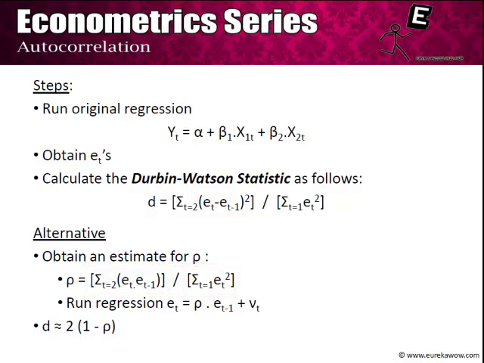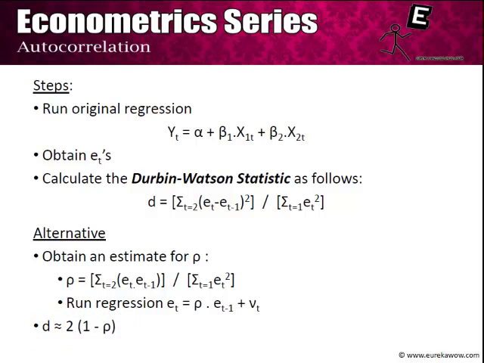Another way of obtaining rho is to run the actual regression as et equal to rho into et minus 1 plus nu t. Remember that since we are taking et as proxy for sigma t, the rho that we get in this case can be called rho hat, or a proxy for the actual rho. From an estimate of this rho, we can then obtain d, which is given by d is approximately equal to 2 into 1 minus rho.